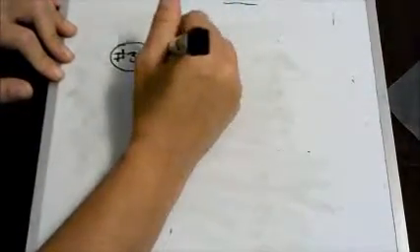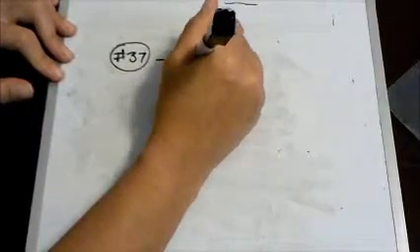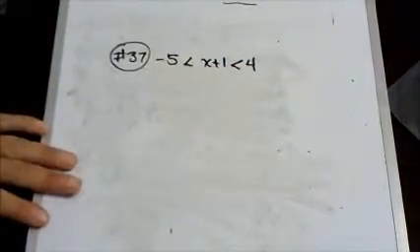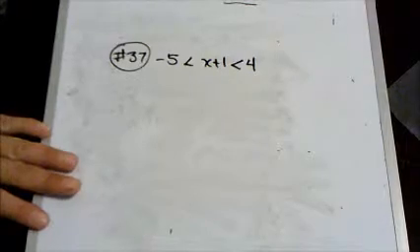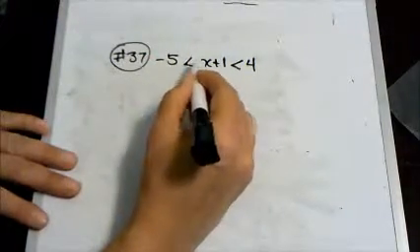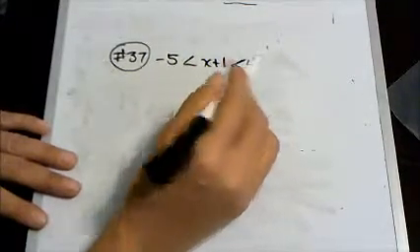Number 37. We have -5, then x plus 1, then a 4. On this one, the best way I like to do this is to separate it. I'm going to see where these inequality signs are.